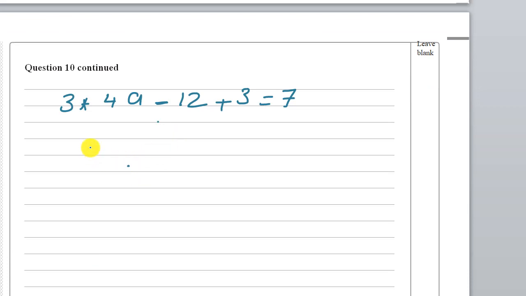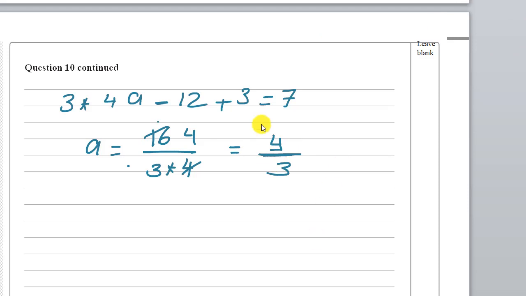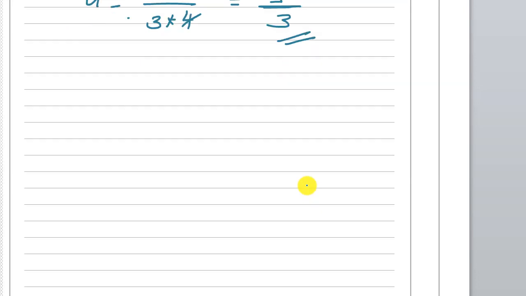So a equal to, this is 12 minus 9 plus 7, equal to 16, 16 divided by 3 multiplied by 4. So 4 divided by 3. This is the value of a. So a is equal to 4 divided by 3.